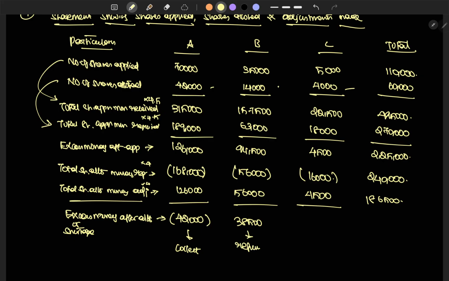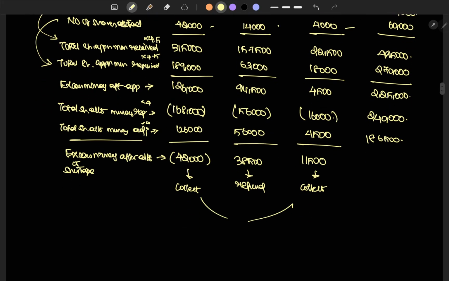This money has to be refunded, and here there is a shortage which is 16,000 minus 4,500, just 11,500 we need to collect. So total collection amount is 42,000 plus 11,500, which is 54,000 has to be collected.